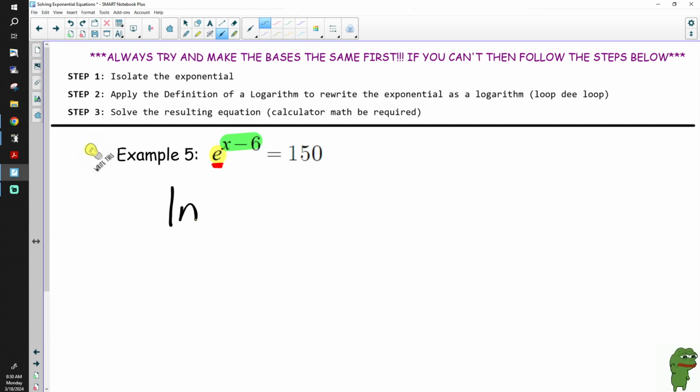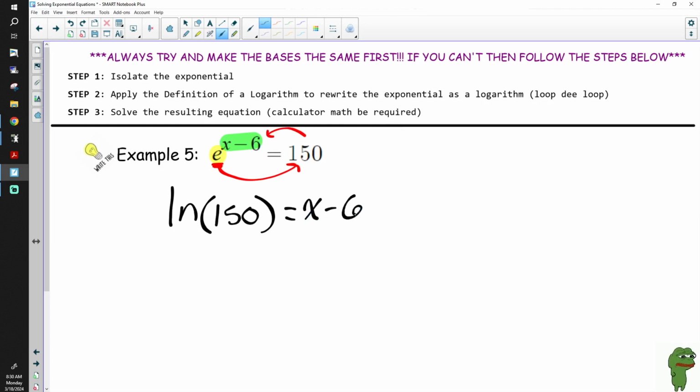Okay, and now we begin to loop-de-loop. We start with the base e, which became ln, and inside we're going to put 150. And logs, even the natural log, always are equal to whatever the exponent is. In this case, our exponent is what? So it's equal to x minus 6.